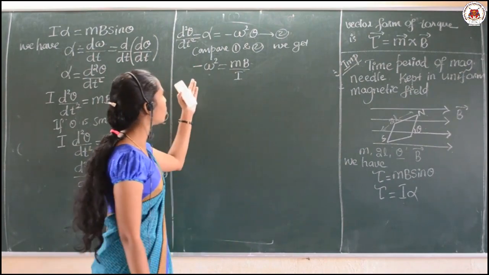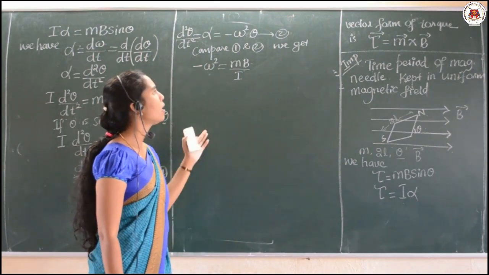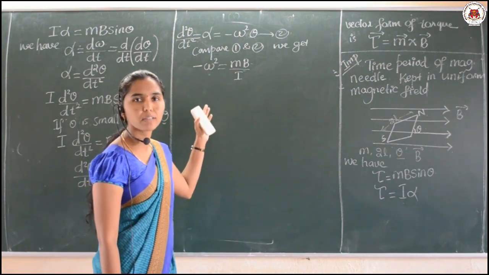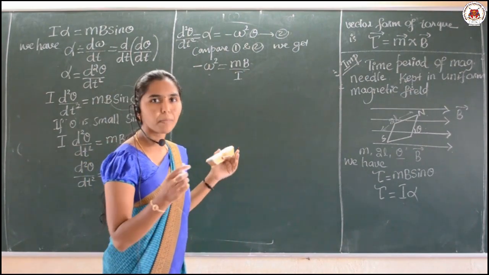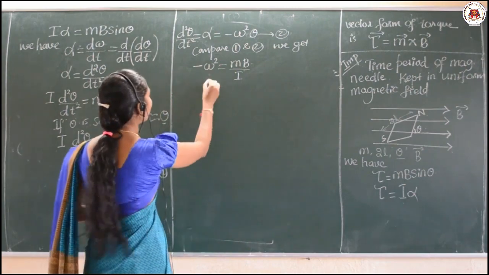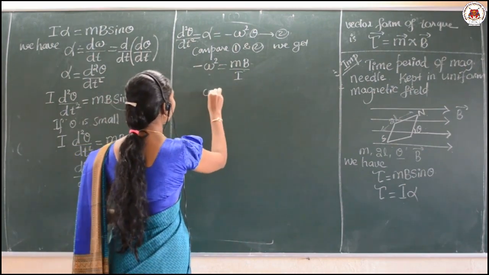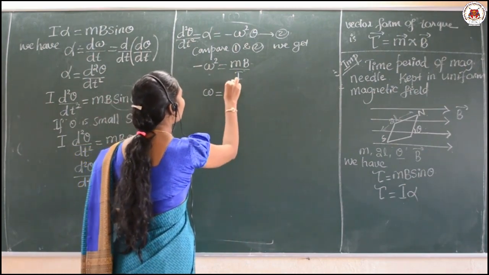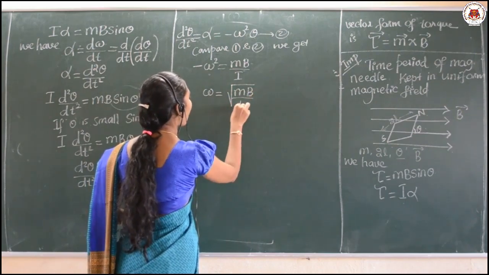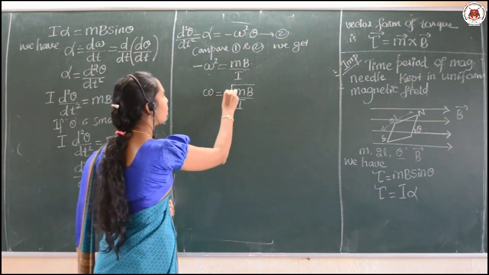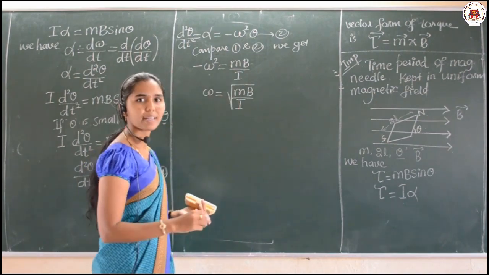Yes, that shows it is opposite to the given magnetic field. Negative sign, what? The angular velocity is opposite to the magnetic field. Then by this again we can simplify, omega is equal to root of mB upon I. Am I clear?